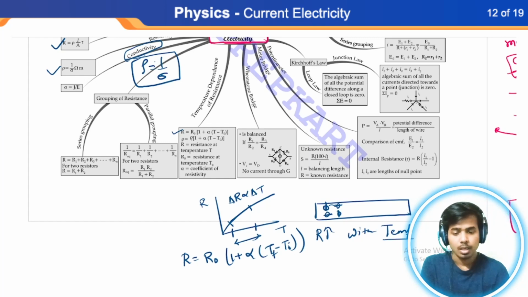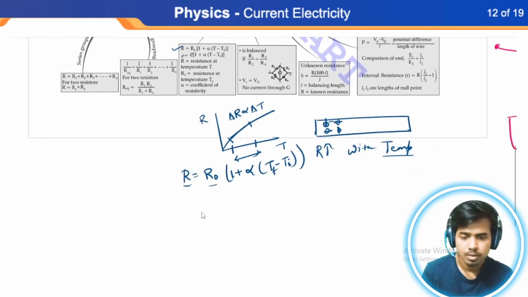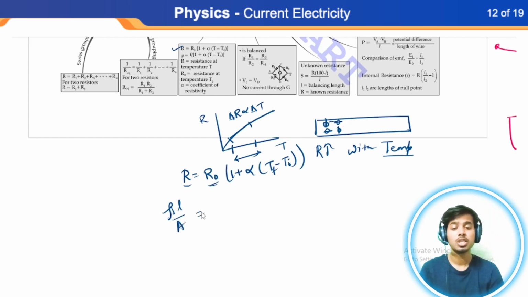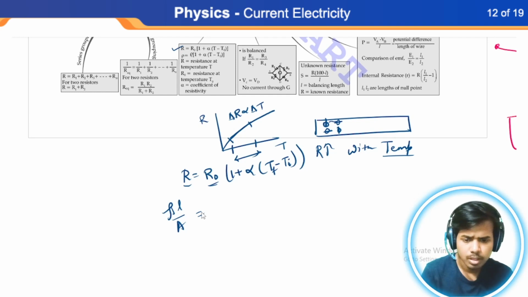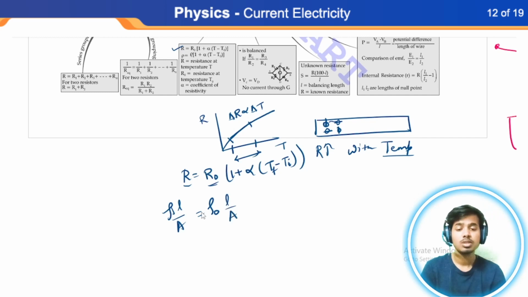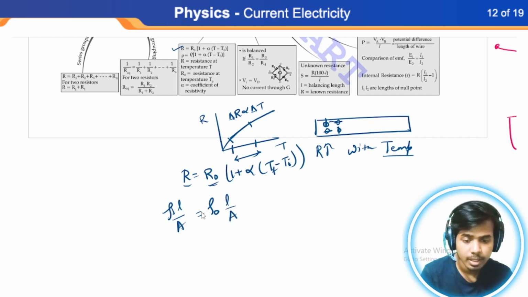अभी R और R नॉट को मैं रो के टर्म्स में लिख सकता हूँ. What will the R be? Rho L by A is equal to resistance of the initial part. That will be simply rho naught multiplied by L by A, because L by A is not changing, neither L nor A. This is the assumption.